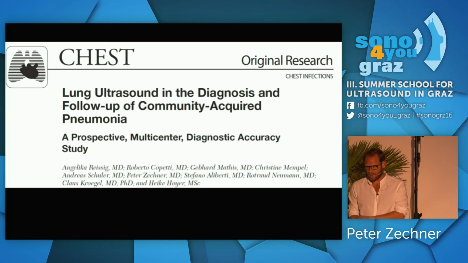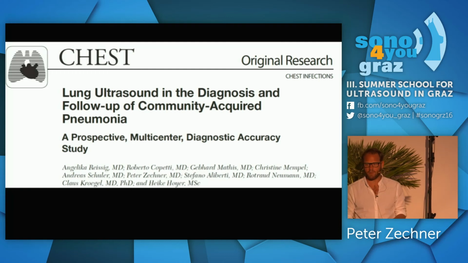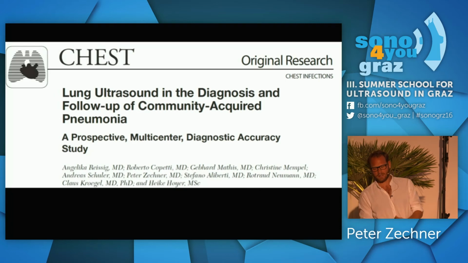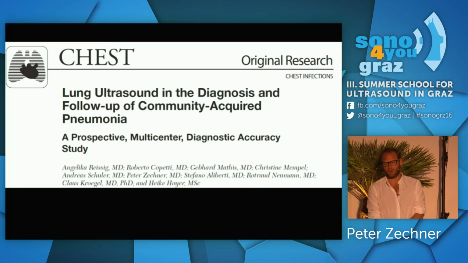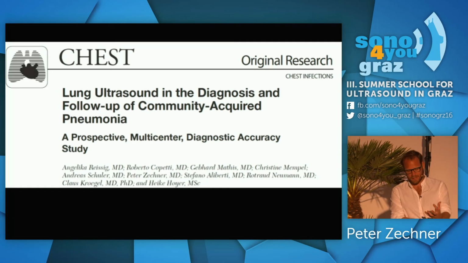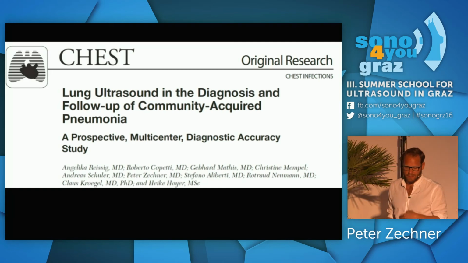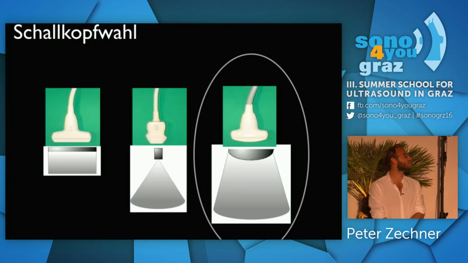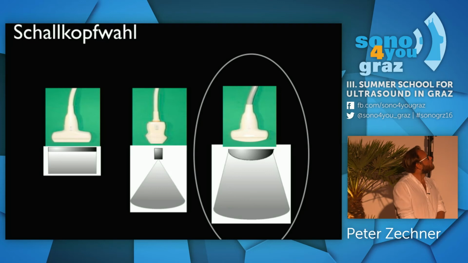And in this study, the ultrasound exam was compared to chest X-ray in patients with the suspicion of community-acquired pneumonia. And in cases with discrepant findings, CT scan was done in these patients.